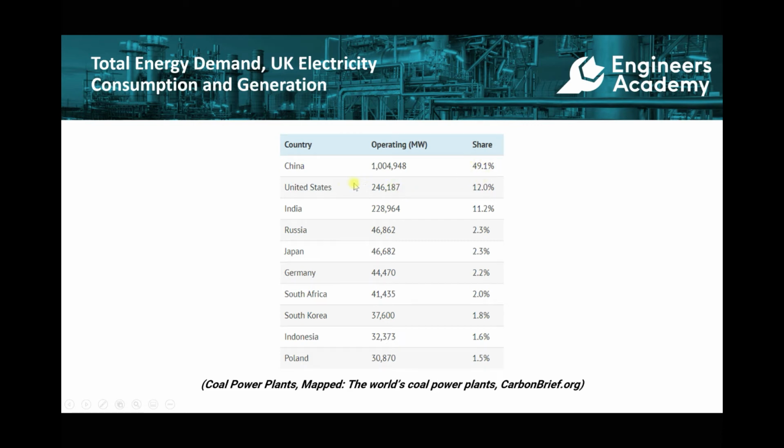We also see countries such as the United States and India using a huge amount of coal for the production of electricity. In actual fact, these 10 countries here account for around 85% of all of the coal being used globally. Now that's quite a staggering figure when we consider how little coal the UK is using in the production of energy. So it provides a useful point of comparison on how the UK generates energy when compared to other countries around the world.